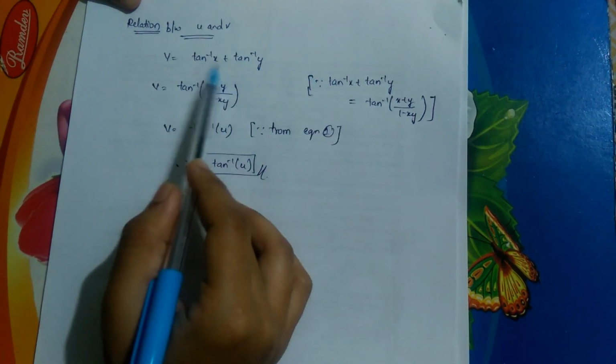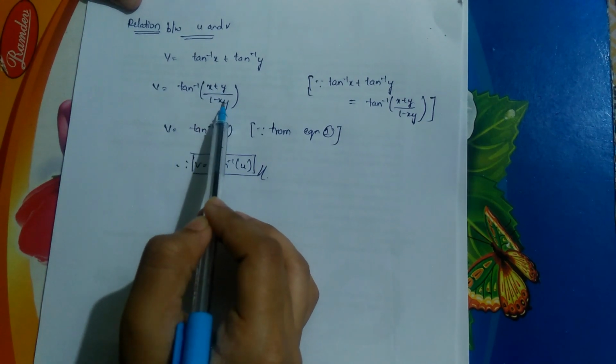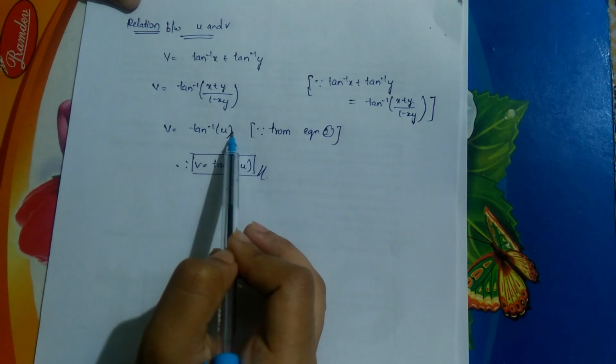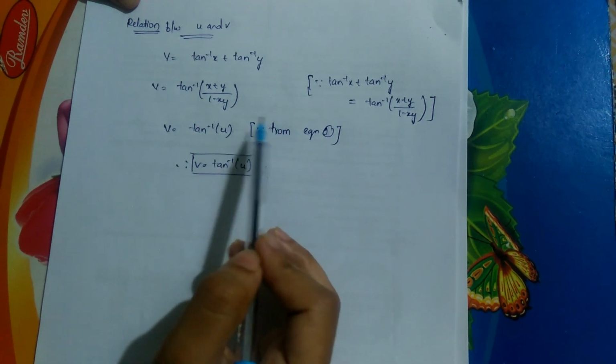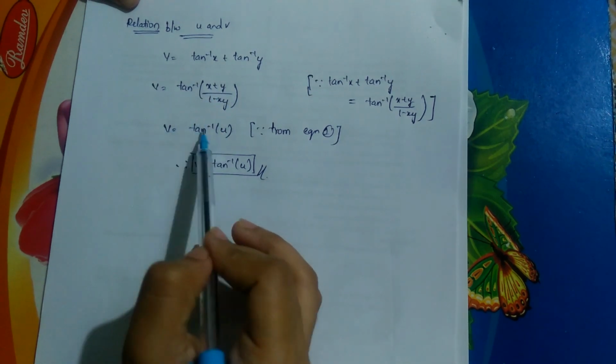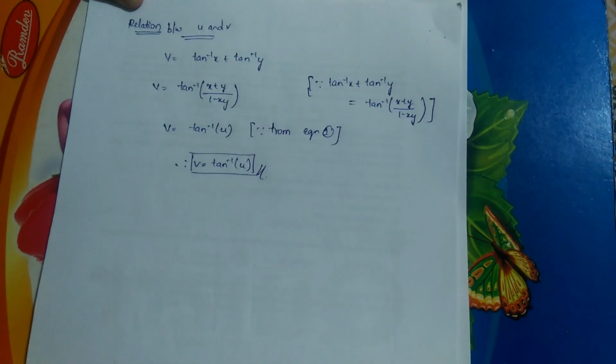So when we apply it here, this can be written as tan inverse of x plus y by 1 minus xy. From equation 1, the starting equation, u equals x plus y by 1 minus xy, so this can be written as u. So v equals tan inverse of u is the final relation between u and v.